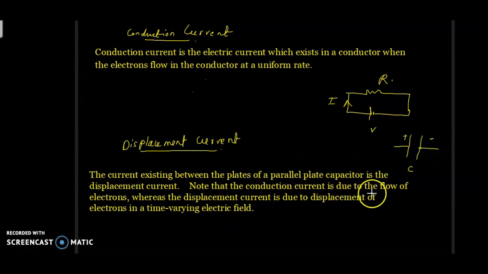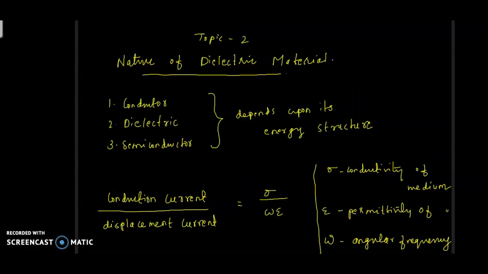Note that the conduction current is due to the flow of electrons, whereas the displacement current is due to the displacement of electrons in the time varying electric field, between the plates of the parallel capacitor.